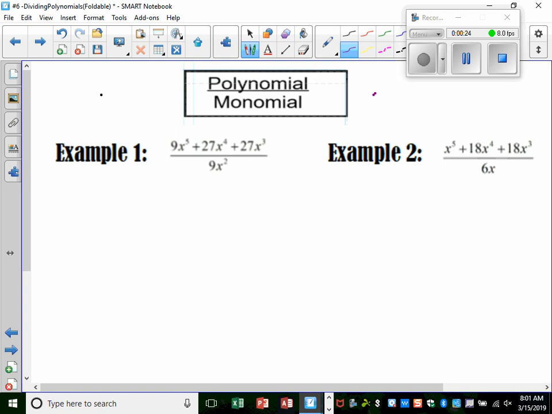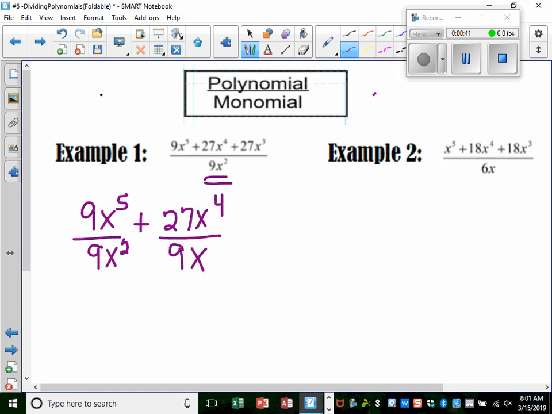This problem is basically saying you're multiplying each term at the top by 9x to the second. So if you really wanted to, you could actually divide each number by 9x to the second.